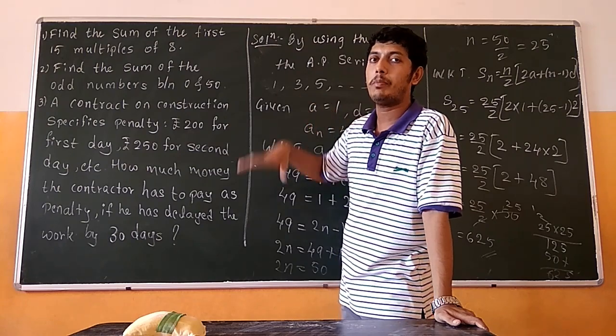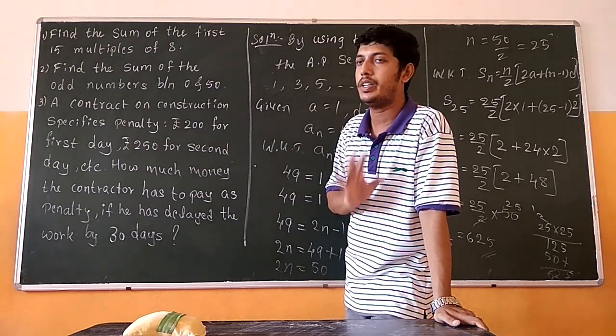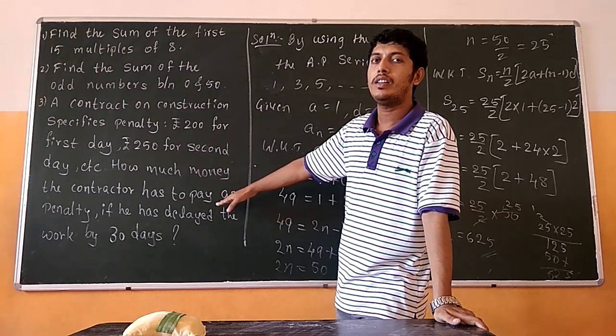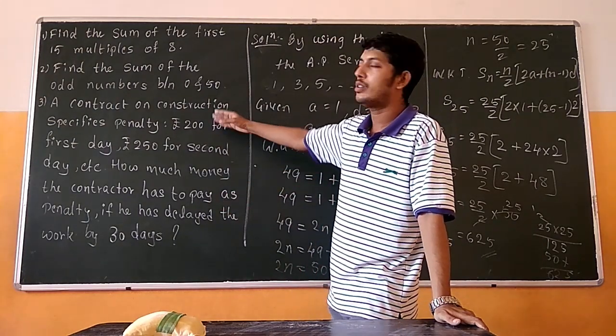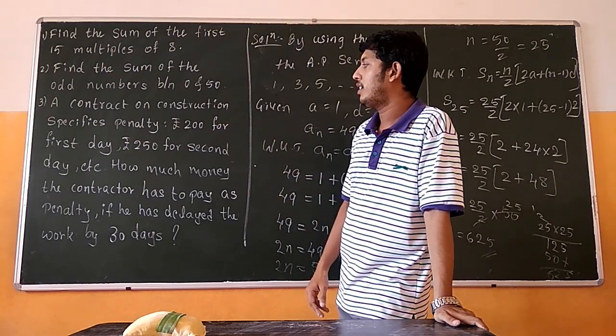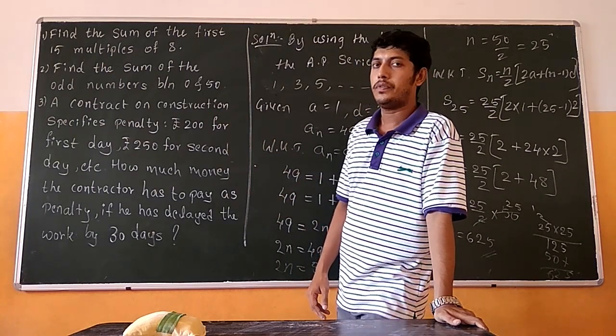So Sn equals n by 2 into 2a plus n minus 1 into d. The value of n, the total number of terms, is 30, a is 200, and d is 50.